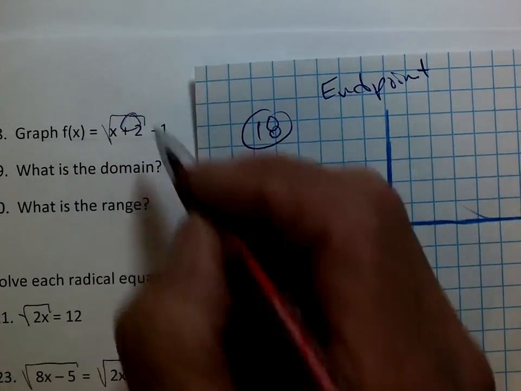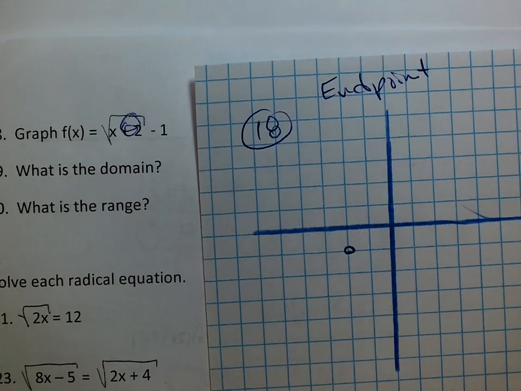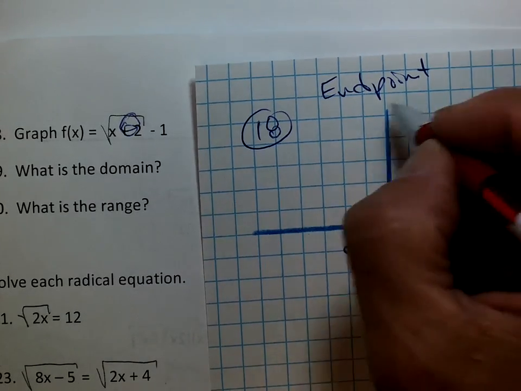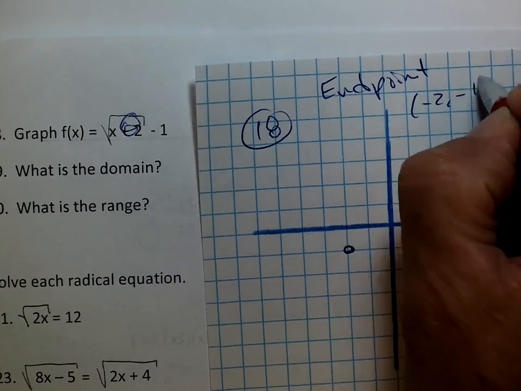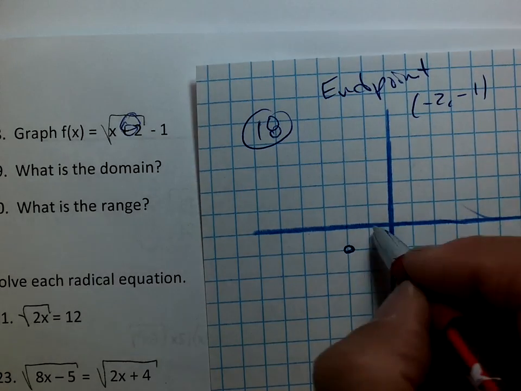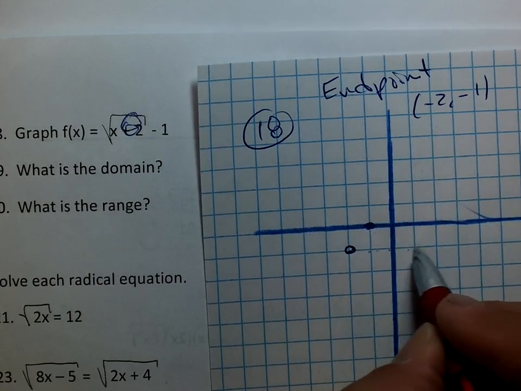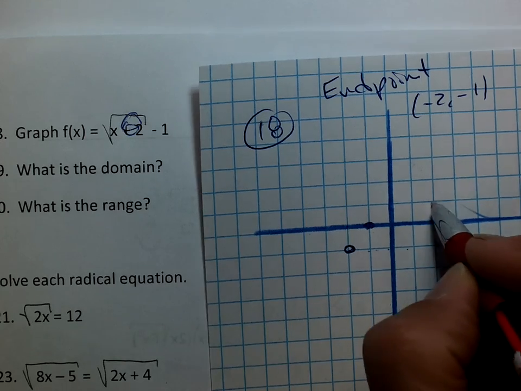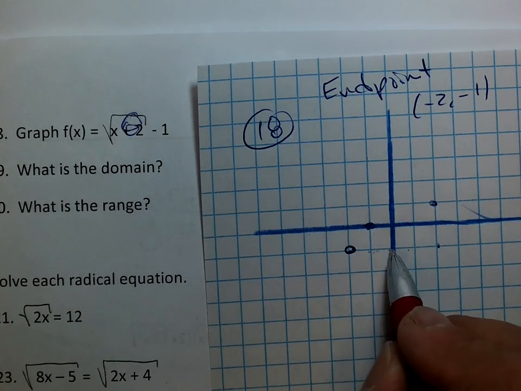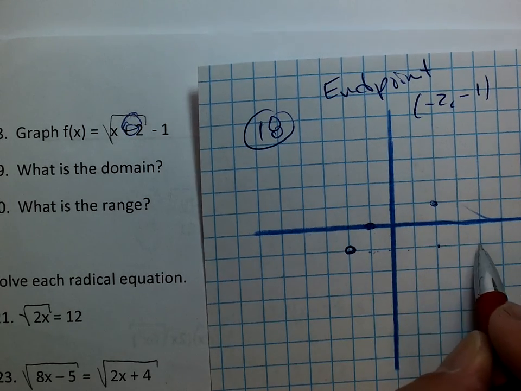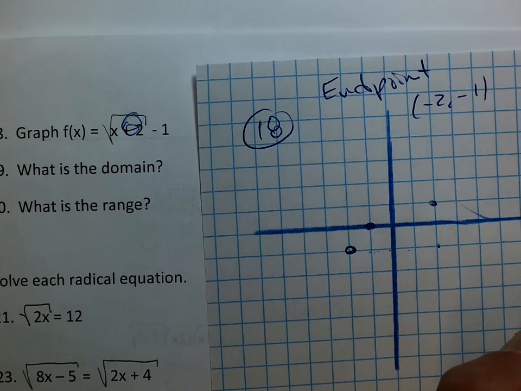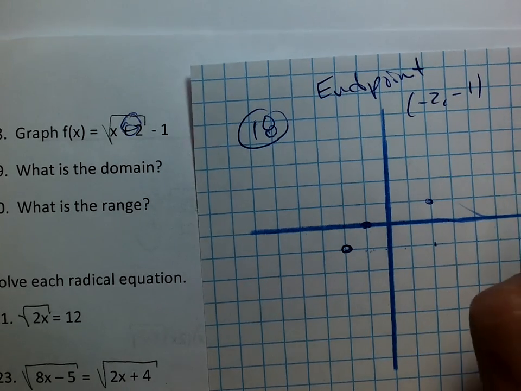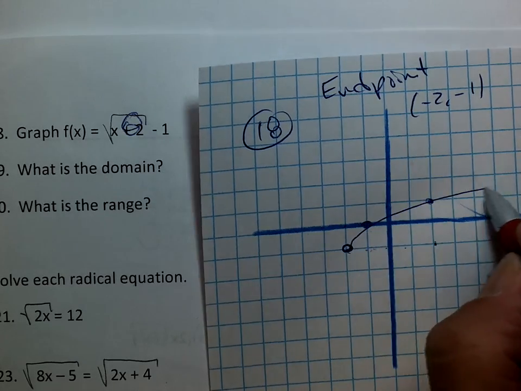Because it's the opposite. Remember, it's the opposite of that. So I got a -2, -1. And then I'm just going to do my 1, 1, 1, 2, 3, 4. Square root of 4 is 2. I'm going to go 1, 2, 3, 4, 5, 6, 7, 8, 9, because the square root of 9 is 3. And I got the general idea. Got the general shape, don't I? There it is.